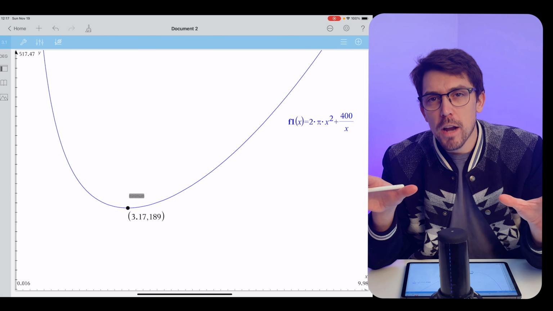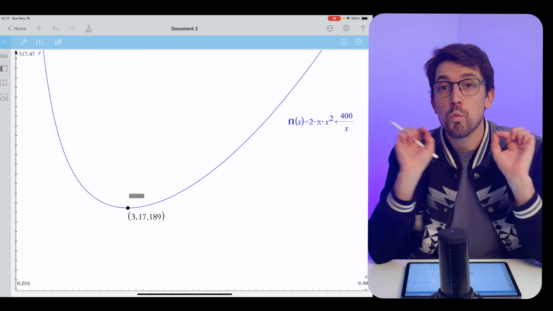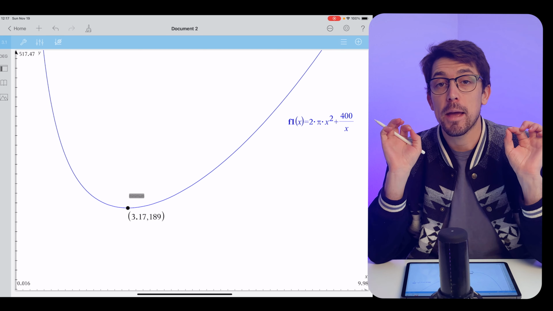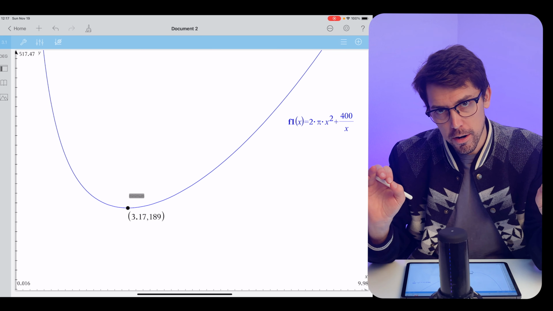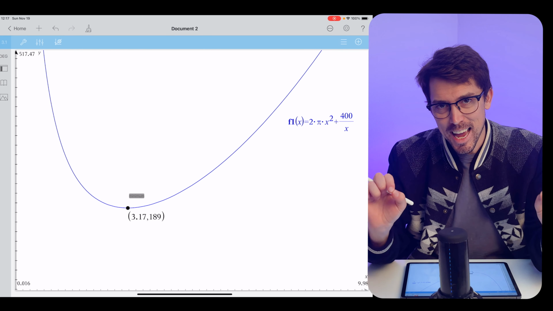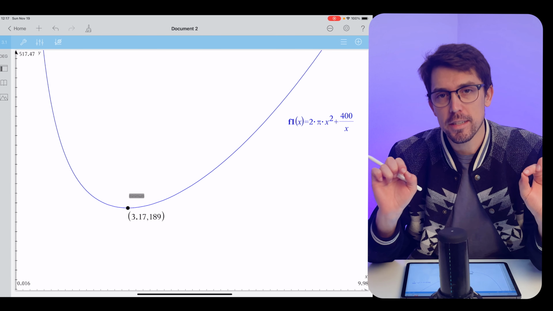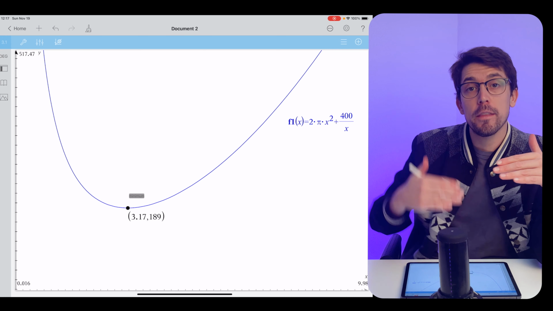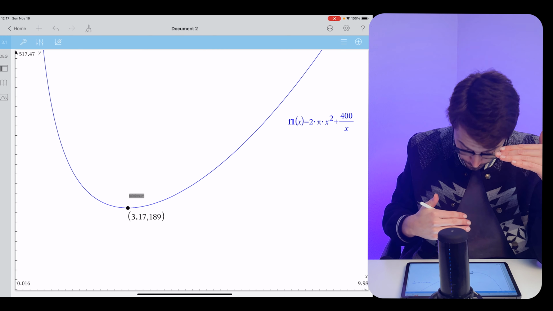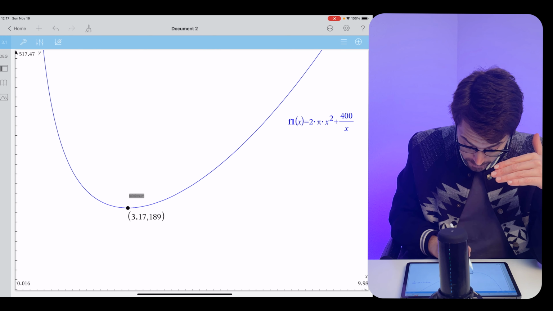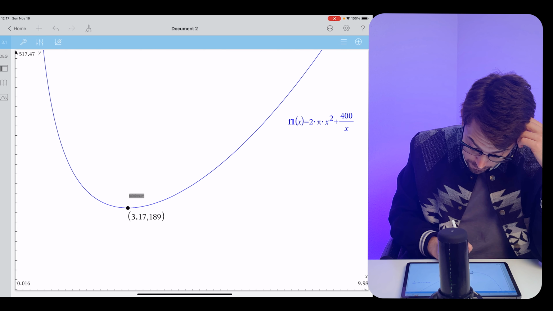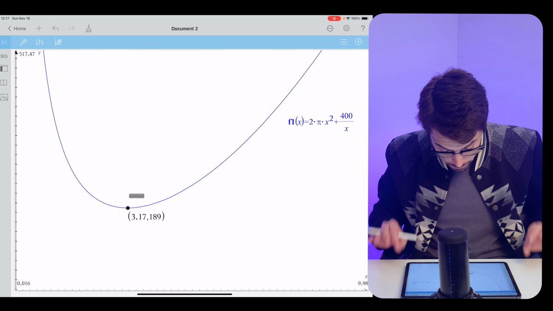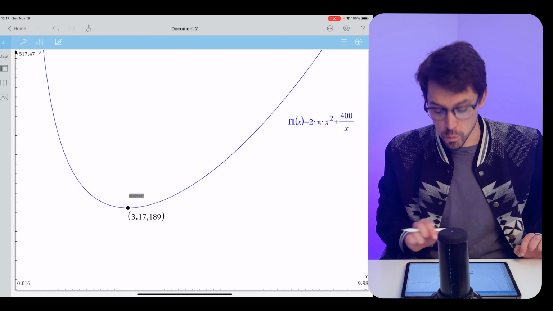In terms of our x and y coordinates, that means that when I have a radius of 3.17 centimeters, I have a minimum possible surface area of 189 square centimeters.